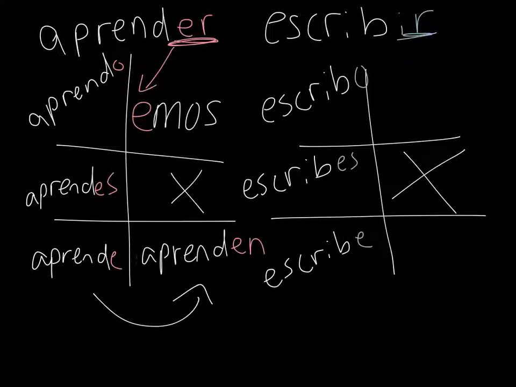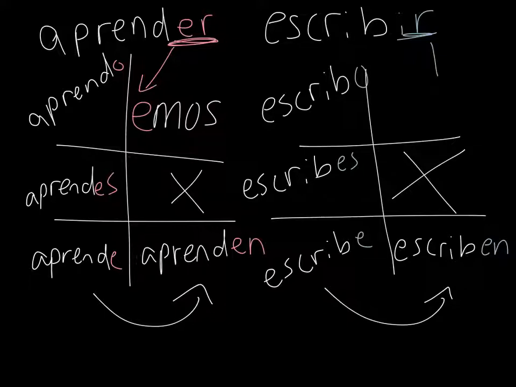And then let's go ahead and move to the plural of ellos, ellas, and ustedes, which would be escriben. And then, keeping in mind that it's an IR verb, it would be nosotros escribimos. All right. Hopefully this has helped you in understanding how to conjugate ER and IR verbs that are regular.